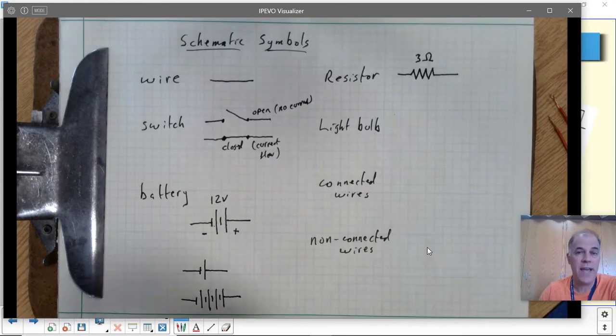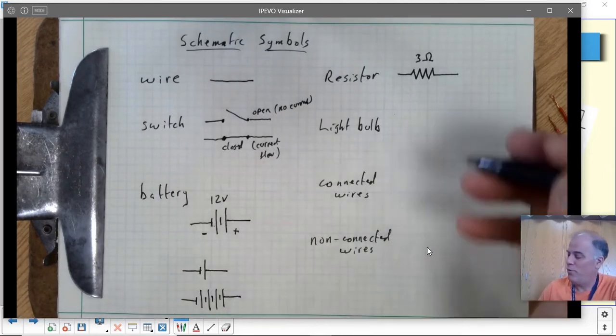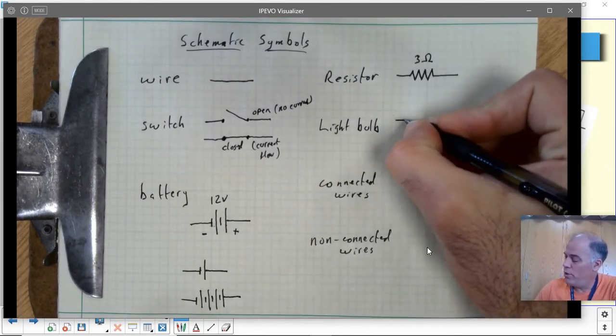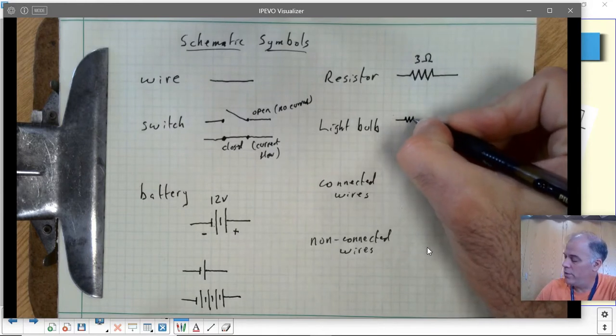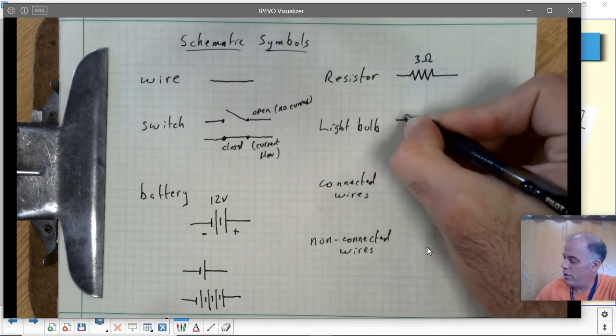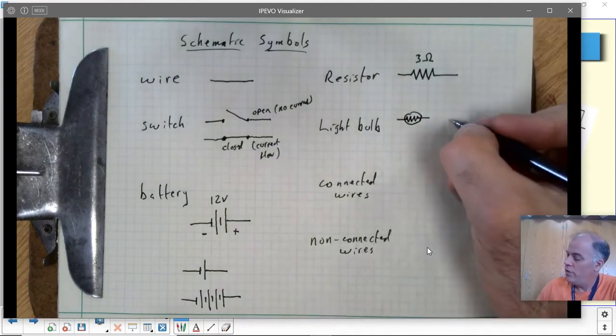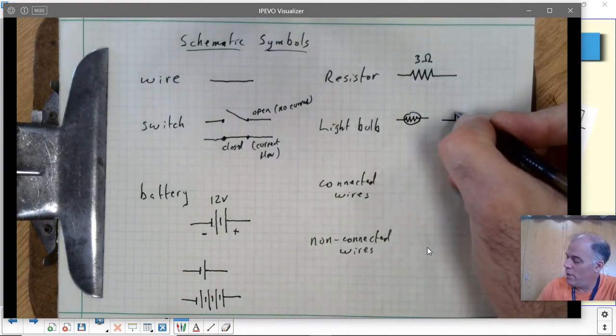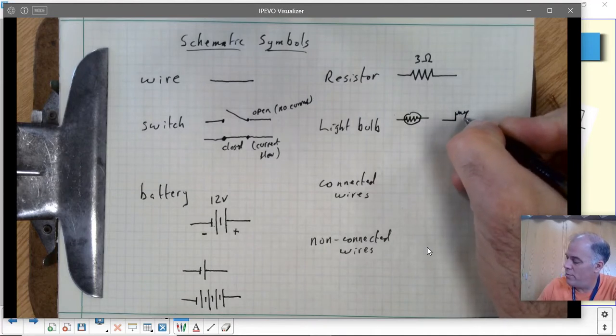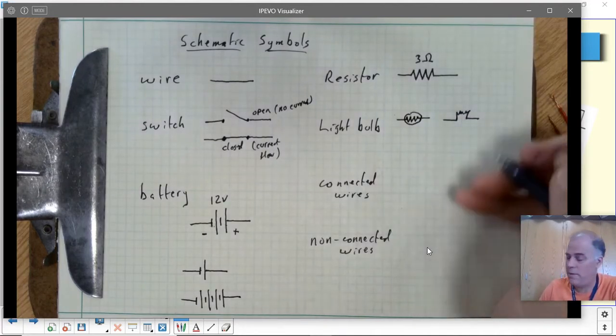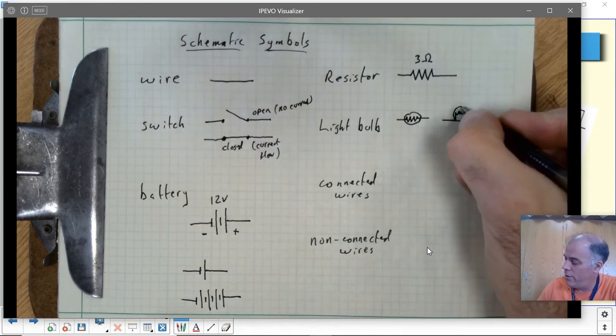Now, a light bulb technically is just a resistor, but since they glow with light instead of just getting warm, we have different symbols for them. There are a couple of different ways you can do it. One is just to make a little resistor with a circle around it. That's a light bulb. Sometimes you also see them where it goes up, then it's a resistor, and then it comes down, so it looks like an old-fashioned light bulb filament, and again there's a circle around it.